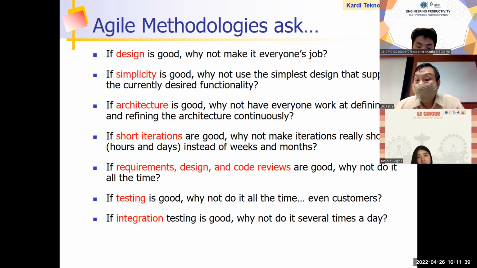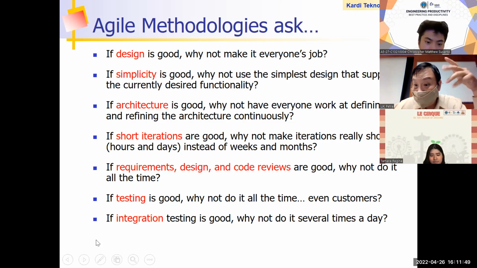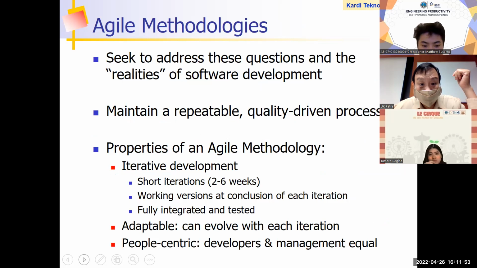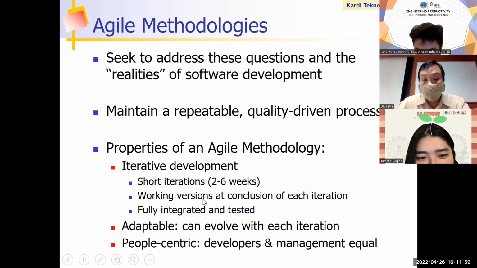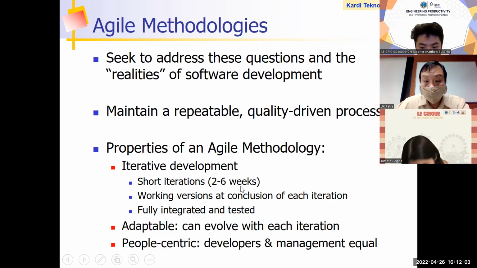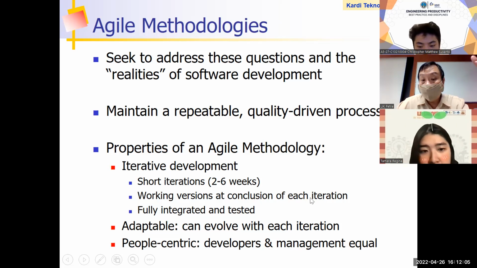Automatic testing. So integration testing is good, why not do it several times a day? Again, all of this requires automatic testing. Clear? So the iteration of the software is very short, usually 2 to 6 weeks, with a working version at the conclusion.